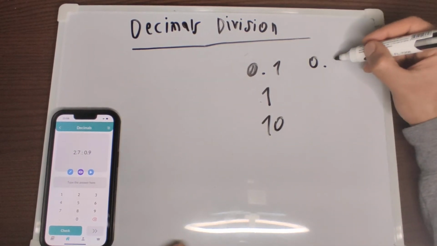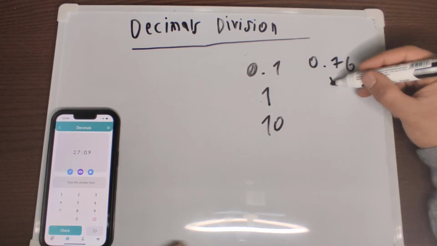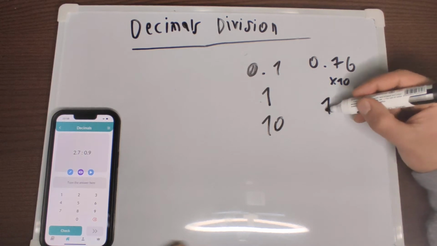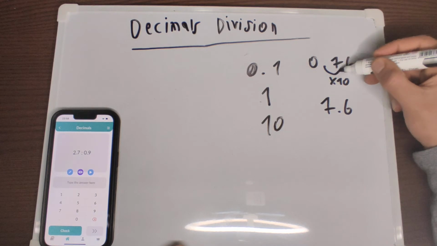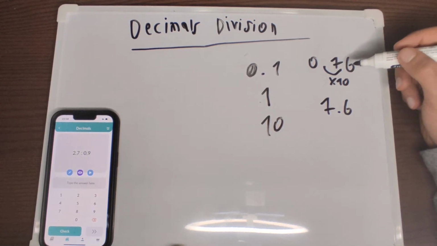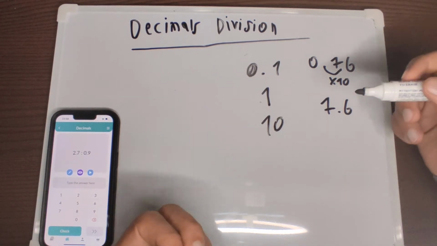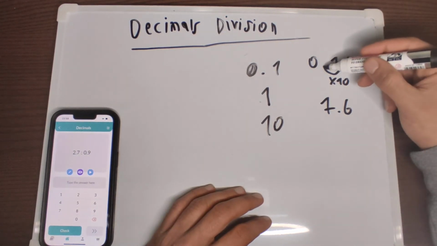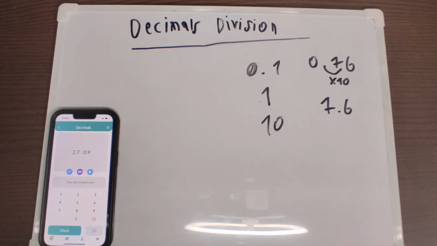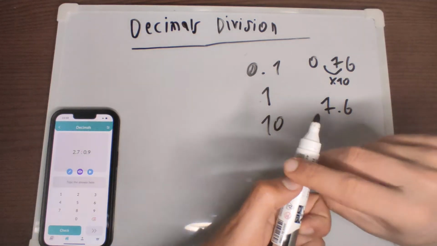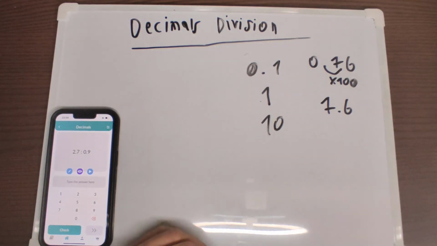If we multiply 0.76 by 10, it becomes 7.6 because the decimal point will move one place to the right. Whenever we multiply a number with a decimal point by 10, the point will just move one place to the right. And if we multiply it by 100, it will move 2 places to the right.